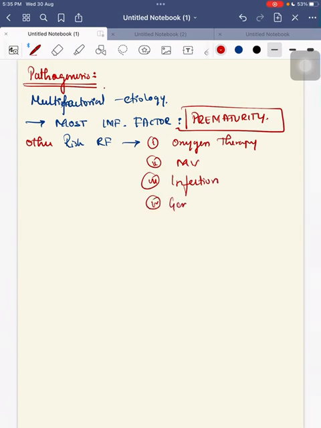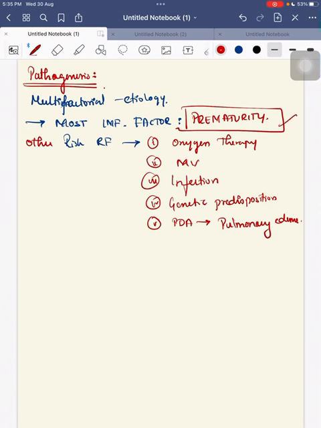Fourth, genetic predisposition. Fifth, when the child has a PDA or the PDA has complicated to pulmonary edema. These are the other important risk factors that can contribute to the pathogenesis of bronchopulmonary dysplasia.